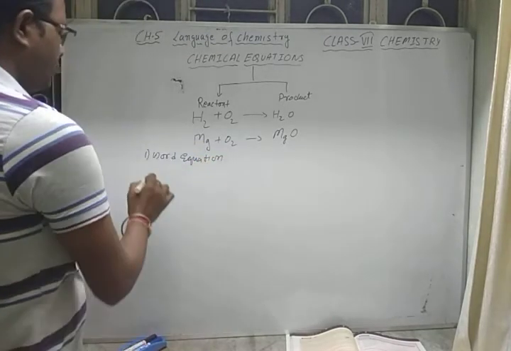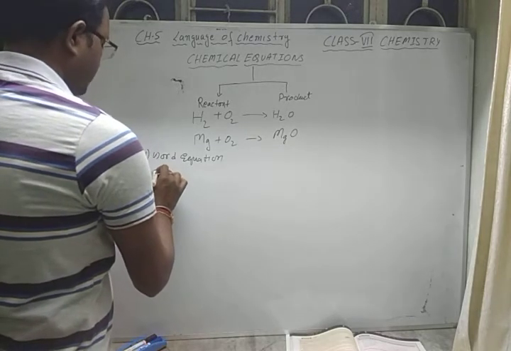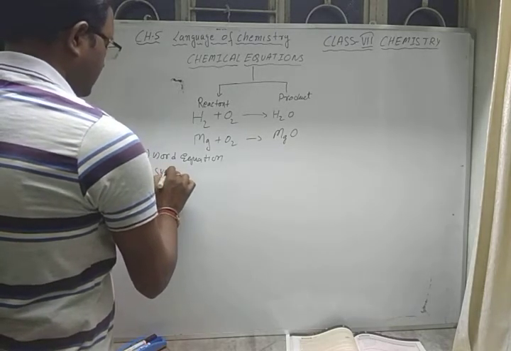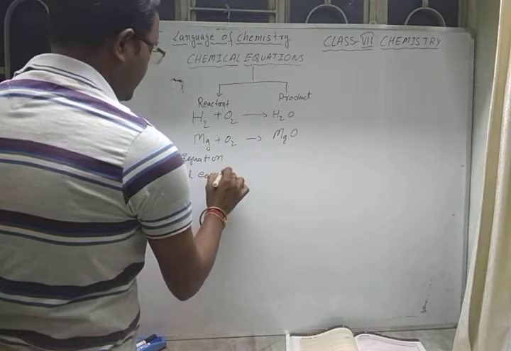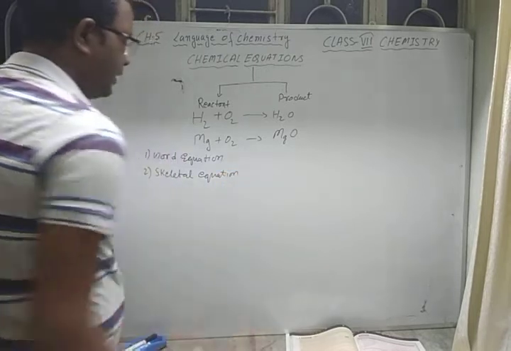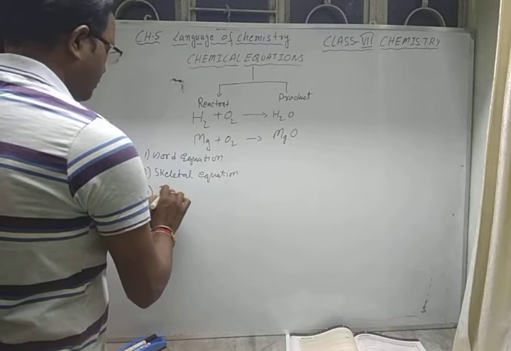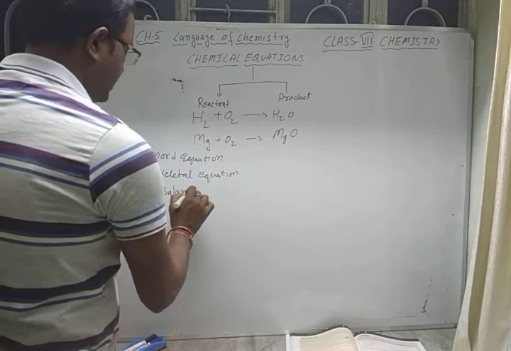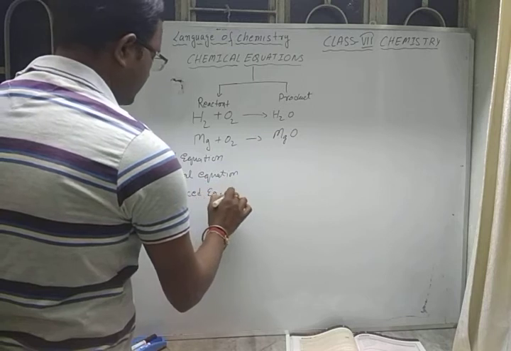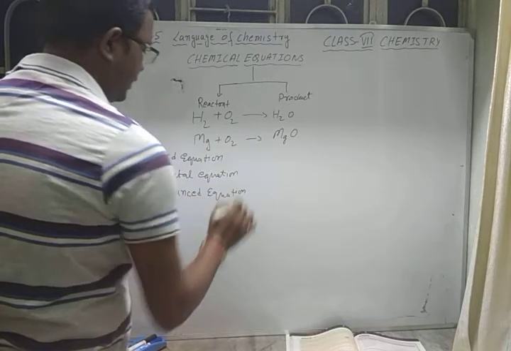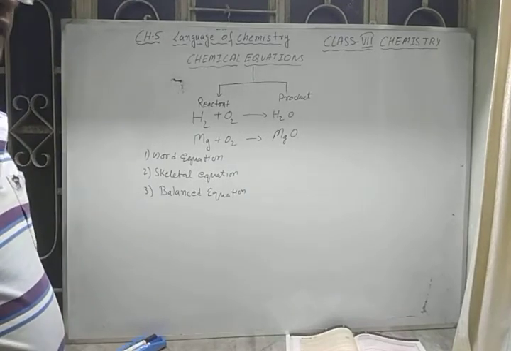After writing a word equation, we have to write a skeletal equation, that means an unbalanced chemical equation. After that, we have to balance the chemical equation, so it is called a balanced equation. You have to write a balanced chemical equation. Here also you can see a few examples.